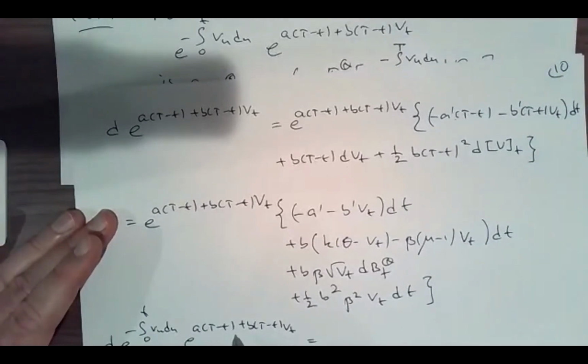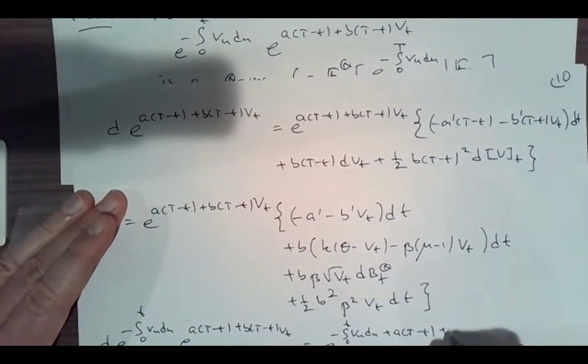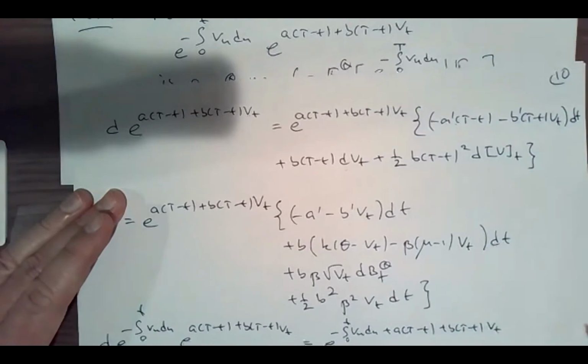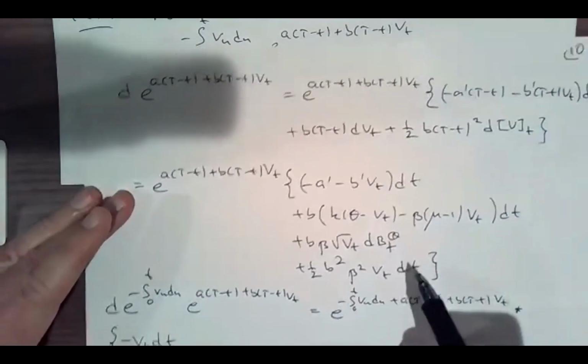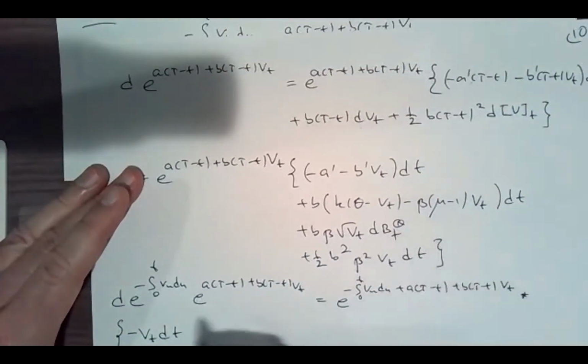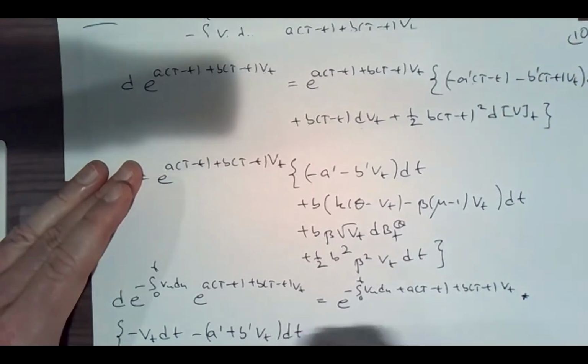We will use the product rule. The first part here will come down with a minus v. So we write it all up again: a plus b, times a bunch of things. So we have minus v here, and then all this stuff from before: minus a prime minus b prime v, dt.